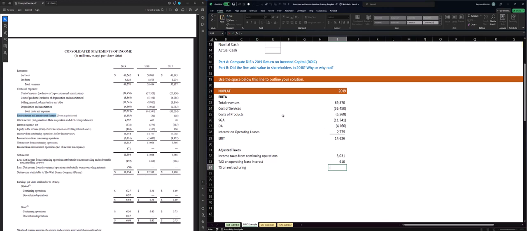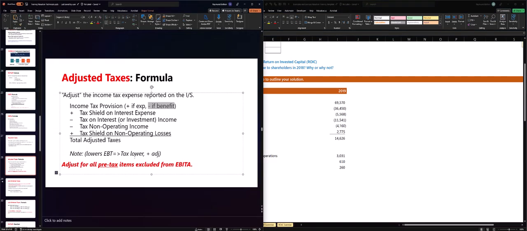So use the same marginal tax rate. You just change this to times 1183. Now it's a tax shield. And remember, if it's a tax shield, then positive. If it's a tax, then negative.